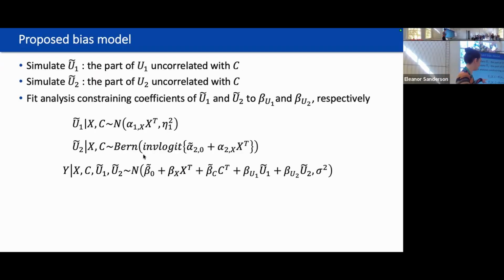Similarly for U2. And then when we fit the analysis of interest, we replace our unmeasured confounders with these proxy variables, and again do constrained regression where we constrain the coefficients of these proxy variables to the relationship between the outcome and the original unmeasured confounder given the exposure and the measured confounders.